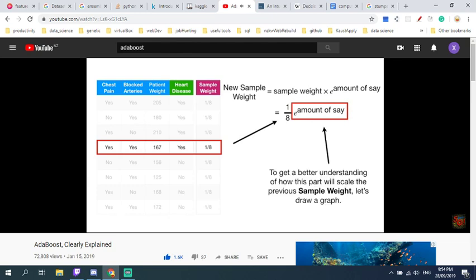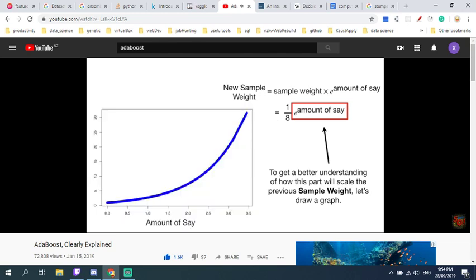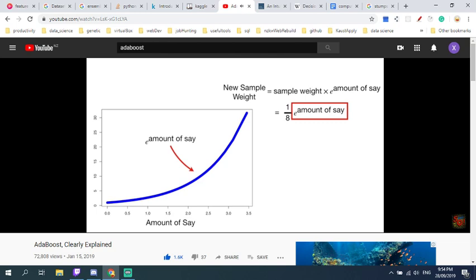To get a better understanding of how this part will scale the previous sample weight, let's draw a graph. The blue line is equal to e raised to the amount of say. When the amount of say is relatively large, i.e., the last stump did a good job classifying samples, then we will scale the previous sample weight with a large number.